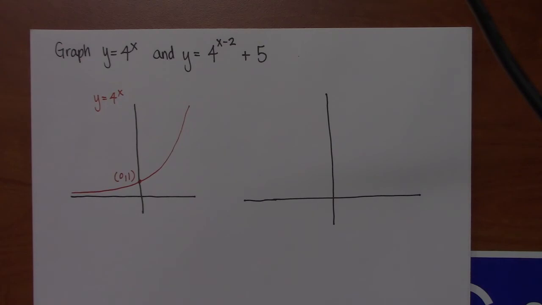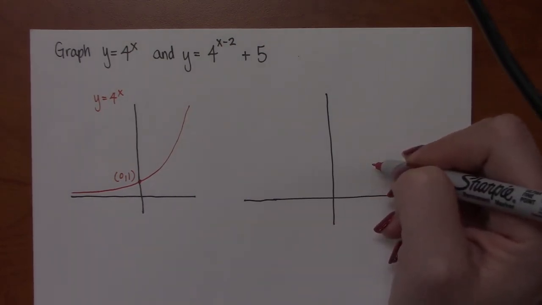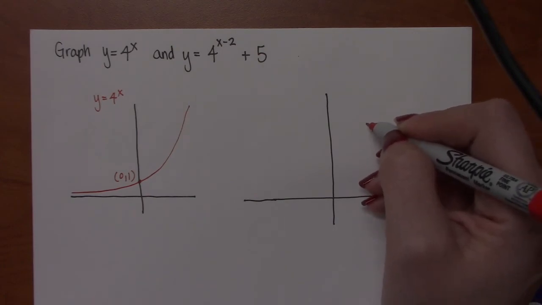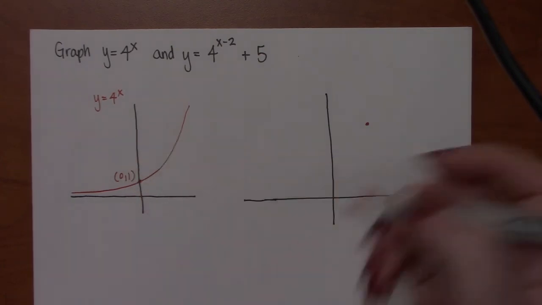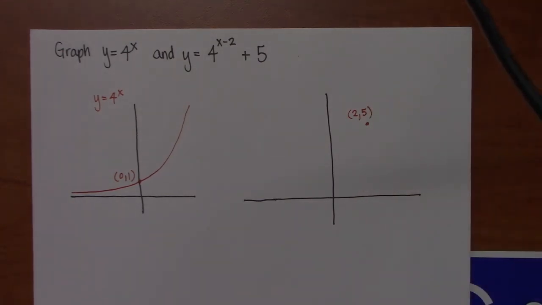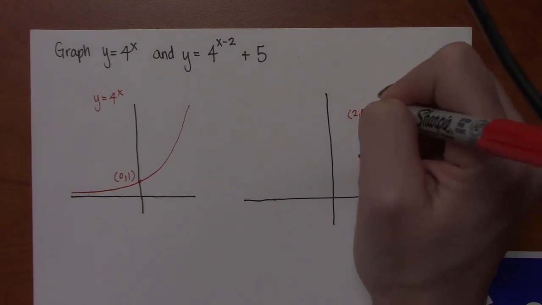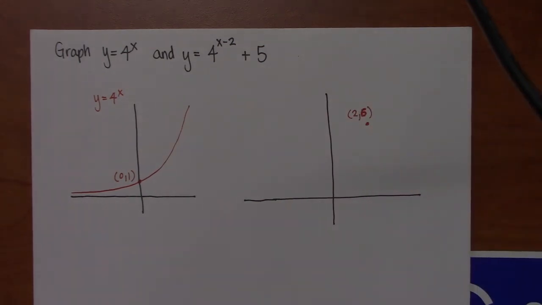So if I take this point, 0, 1, and I shift it to the right 2, its x-coordinate becomes 2. And then if I shift it up 5 places, I would add 5 to this. So this point here is 2, 6. The original graph had an asymptote at y equals 0.